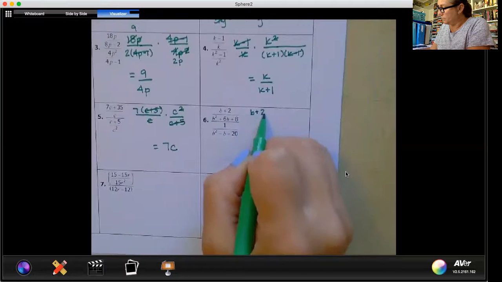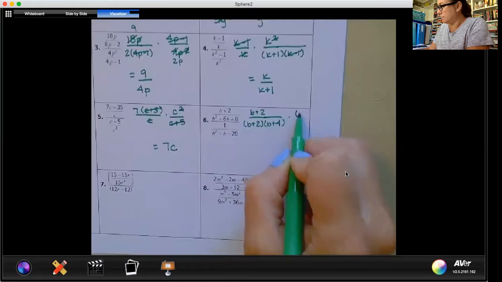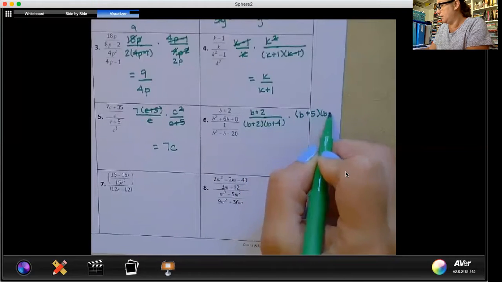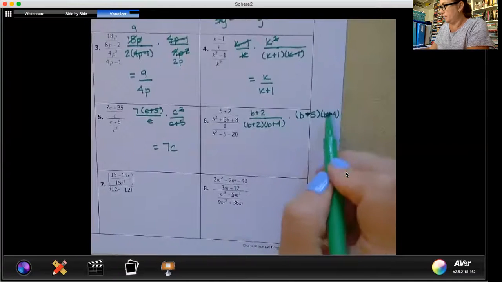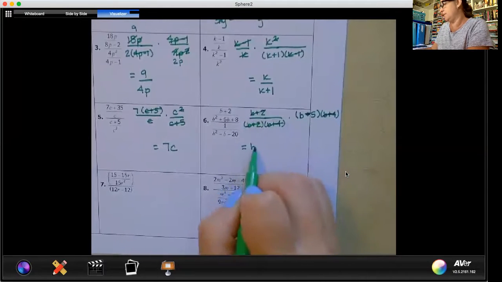b plus 2 over b plus 2, b plus 4 times b plus 5, b minus 5, b plus 4. b plus 4's cancel, b plus 2's cancel. Answer is b minus 5.